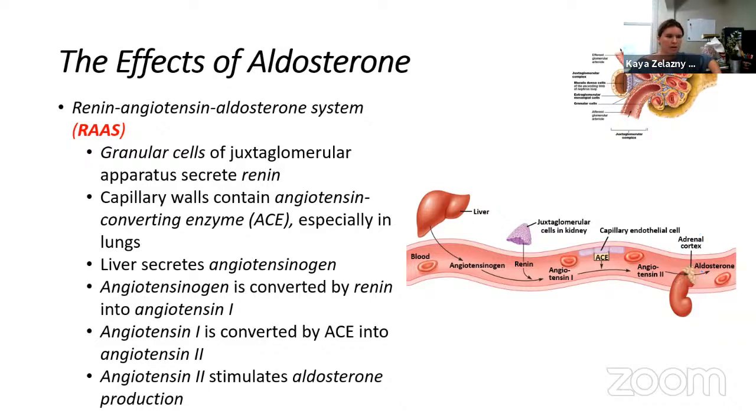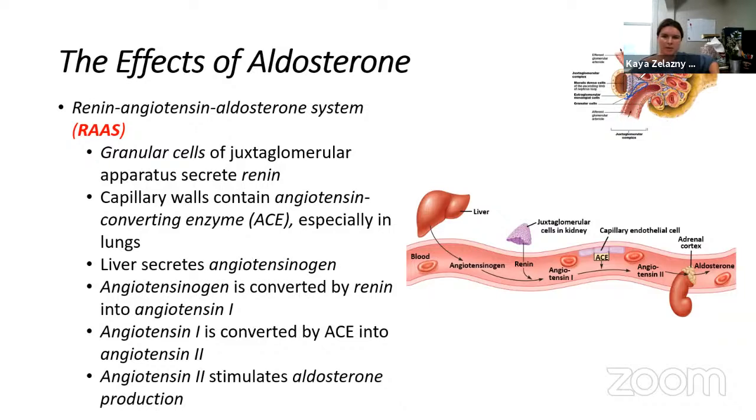Okay. So the granular cells of the juxtaglomerular apparatus are going to secrete renin. So we're remembering that we have these different types of cells here on our arterioles, right? So we have some granular cells here on our afferent arteriole, which was the one bringing blood to the glomerulus, right?